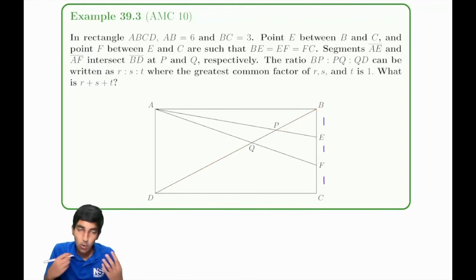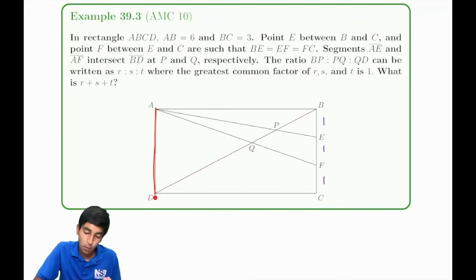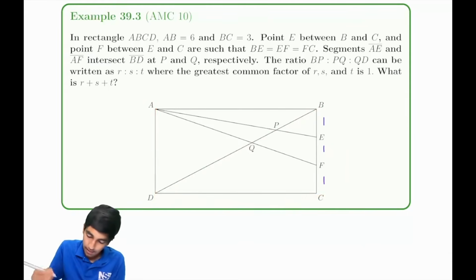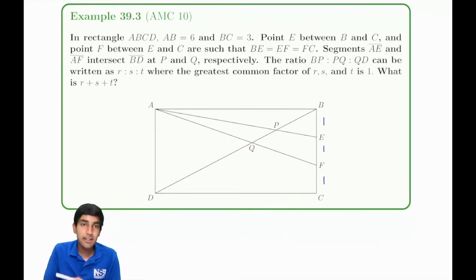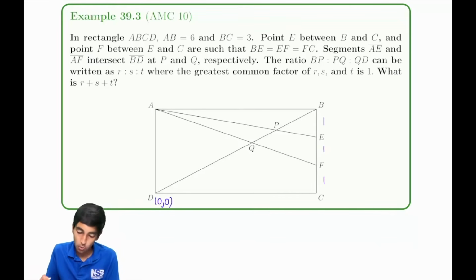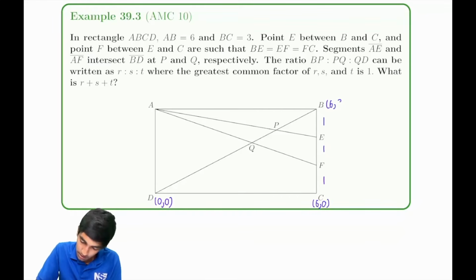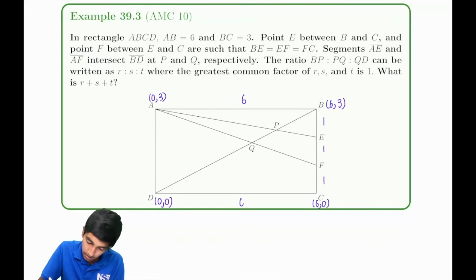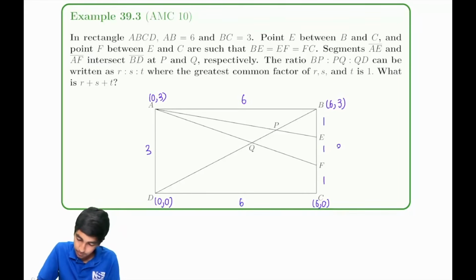So naturally, we want to deal with coordinates here because we have a rectangle, and rectangles are super easy to deal with using coordinates. Let's just make DC the x-axis and AD the y-axis and D the origin, because we can make whatever coordinate system we want. And this is going to be 6, 0, then 6, 3, and then 0, 3, right? Because this is 6 and this is 3.